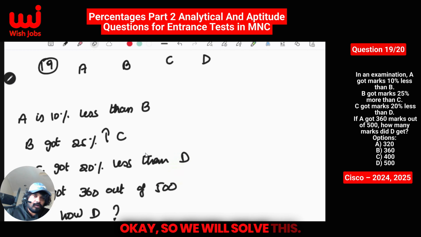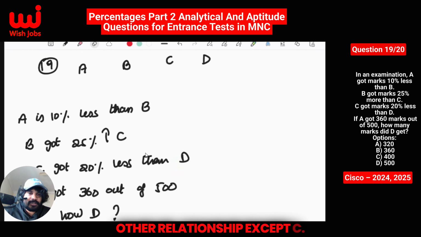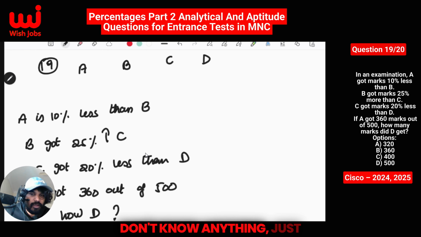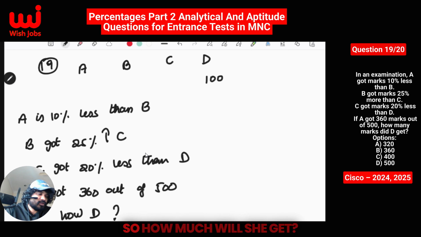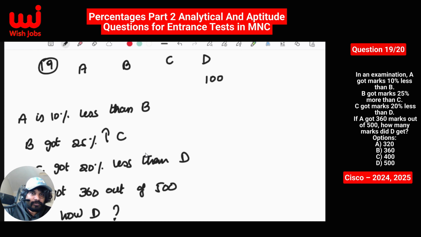So we will solve this. Because D doesn't have any other relationship except C, we'll give D as 100, because I told you, if you don't know anything, just use 100 as a number. So D is 100. C got 20% less than D, so how much will C get? 80. Great.